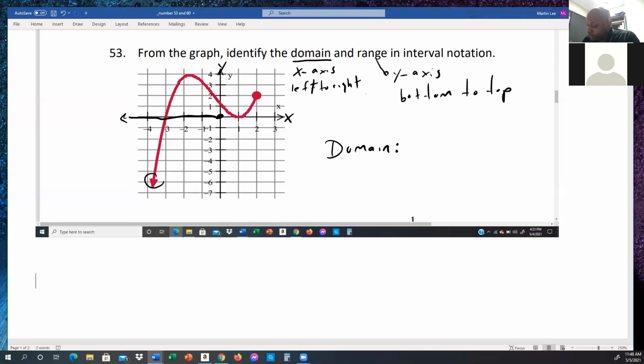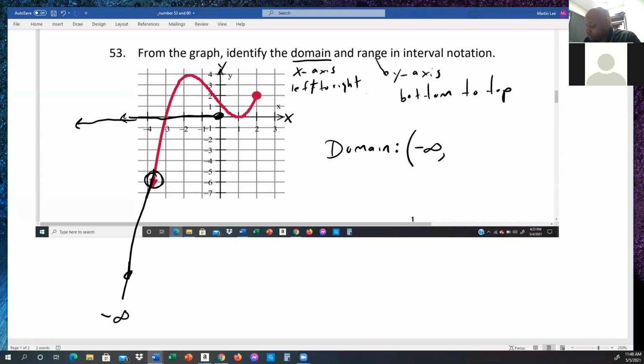And notice that on my graph, the tip of it indicates an arrow, which means this thing is going on and on and on forever. So as I go more negative on the x-axis, I'm going to continue going down until I get close to negative infinity. So for my domain, I'm going to start with from negative infinity and comma, okay?